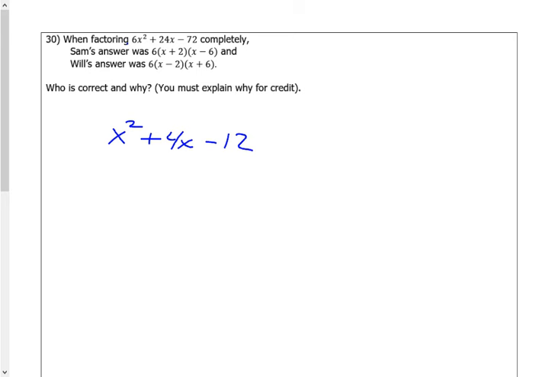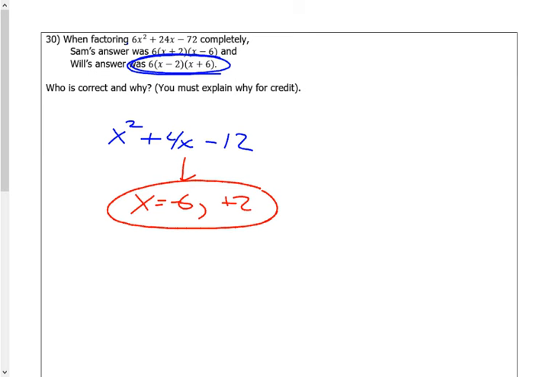Well, this one would be correct. Now, this one, you have to explain why. So my explanation would probably be to find the x-intercepts of this graph. Well, the x-intercepts are -6 and +2. That means to flip them, the factors would be +6 and -2.